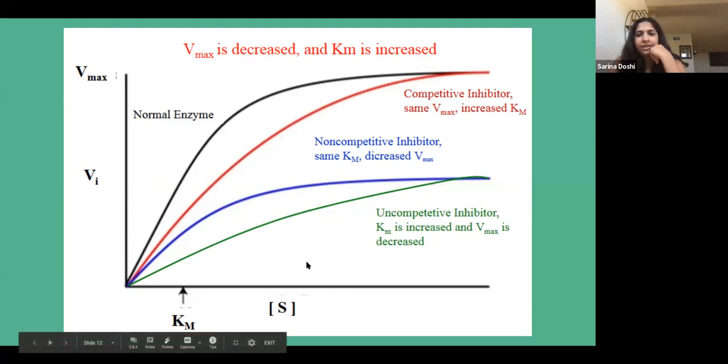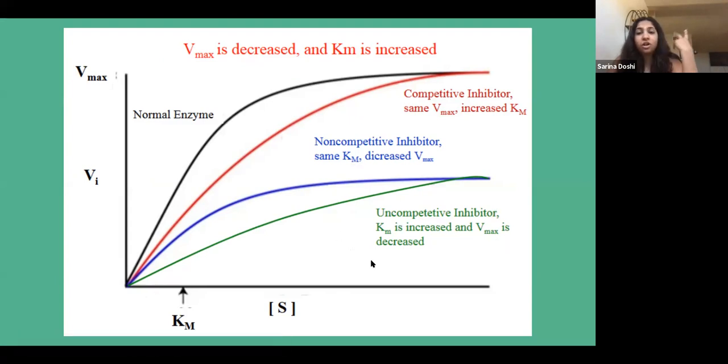And there are a lot of different types of inhibitors, which we'll talk about later, but basically these are different types of enzymes: enzymes that work, enzymes that partially work, enzymes that don't work at all, and no enzymes. So you can see what would happen. This right here is an uncompetitive inhibitor.